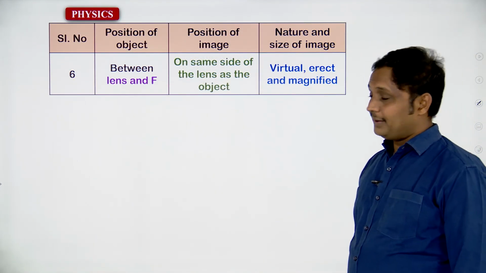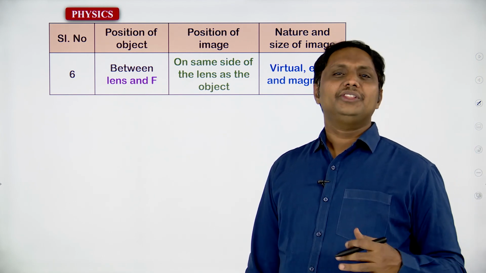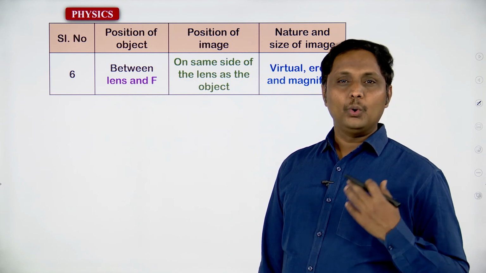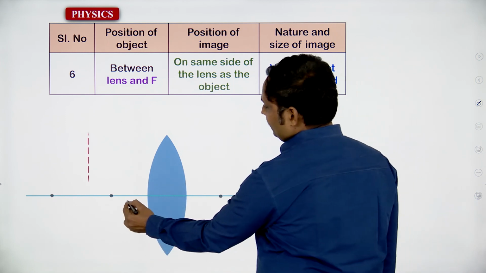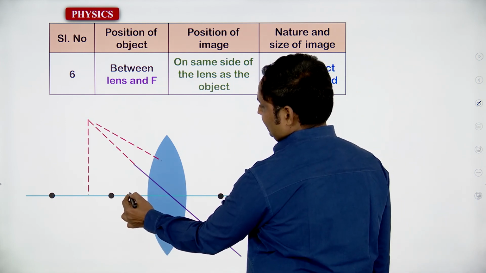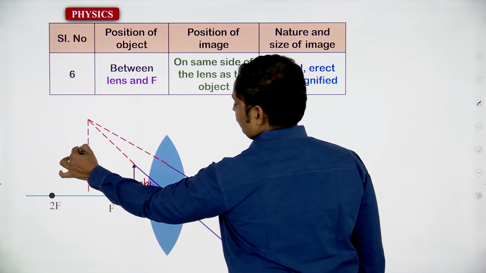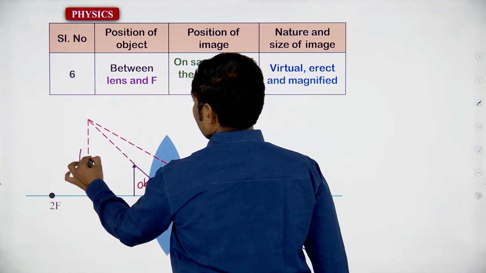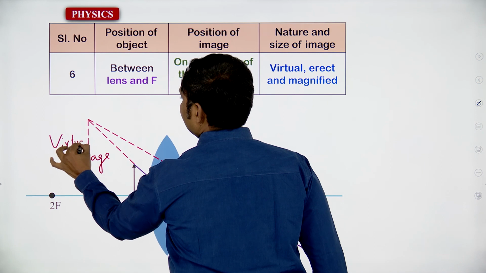This is the case only between the lens and F. Sometimes you may consider between F and P, the pole and the focus. If the object is placed here, this is the object and this is the image. I am going to confirm this is the virtual image.